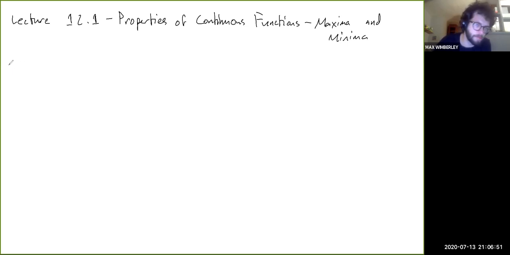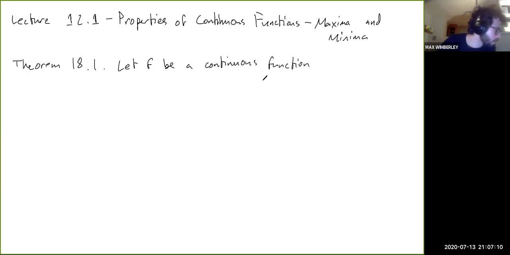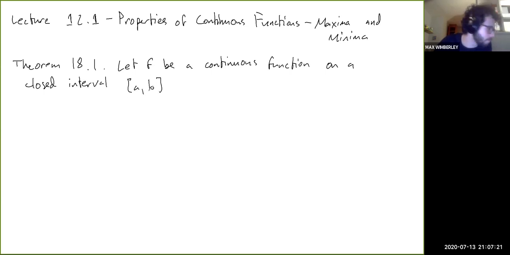So this is theorem 18.1. Let f be a continuous function on a closed interval AB, then f is a bounded function.